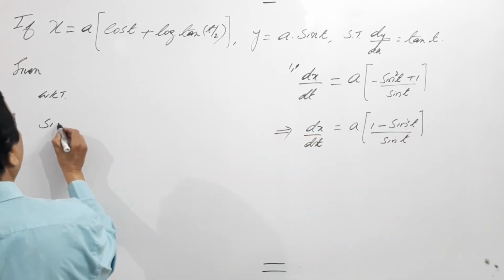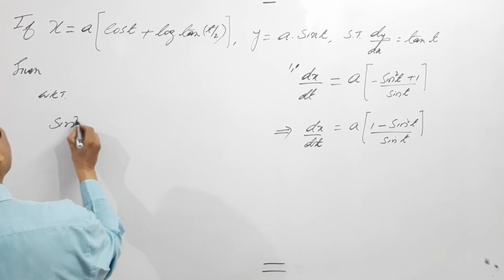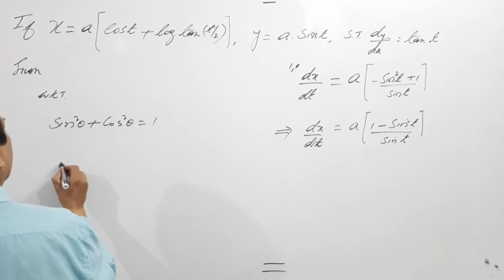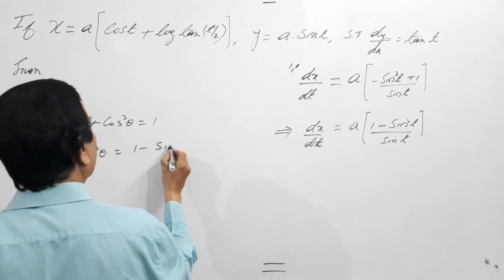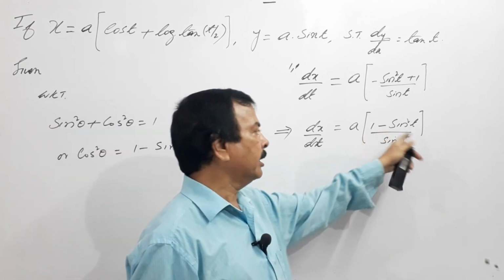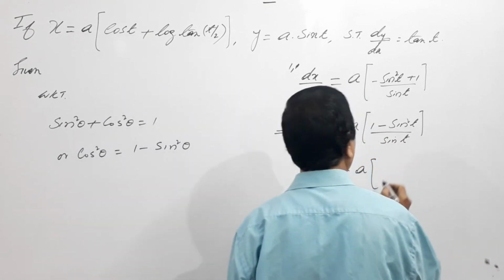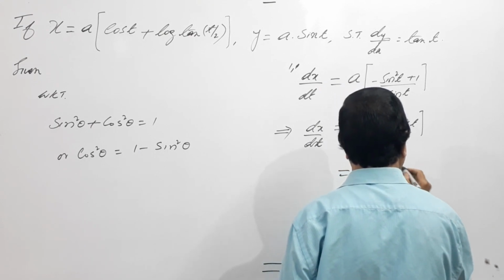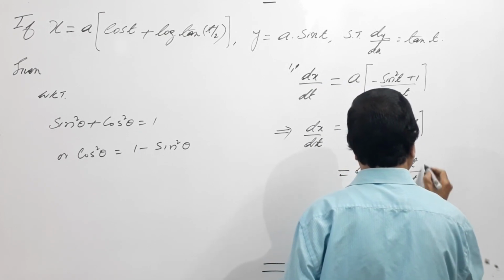Now we know that sin square theta plus cos square theta equals 1, or cos square theta equals 1 minus sin square theta. Can I write this 1 minus sin square t as cos square t? Yes, why not? So a into cos square t by sin t.